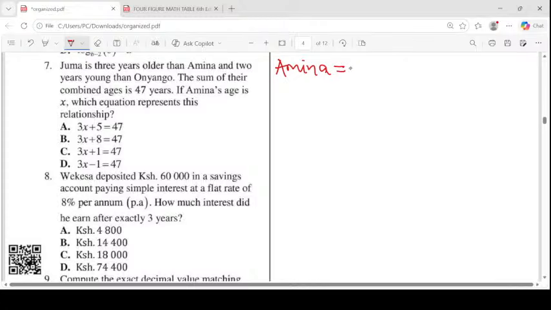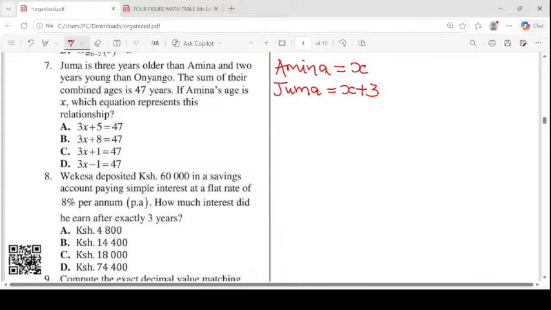Let Amina's age be x. Juma is 3 years older than Amina, so Juma is x plus 3.